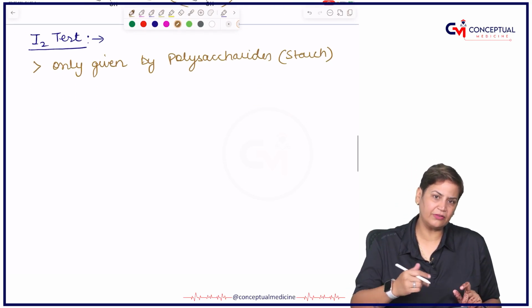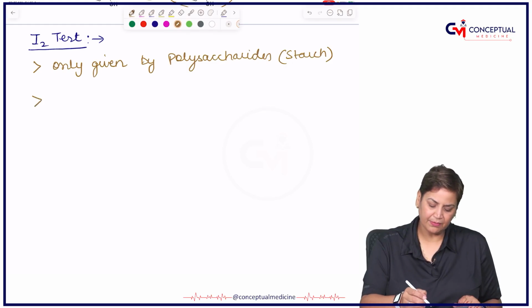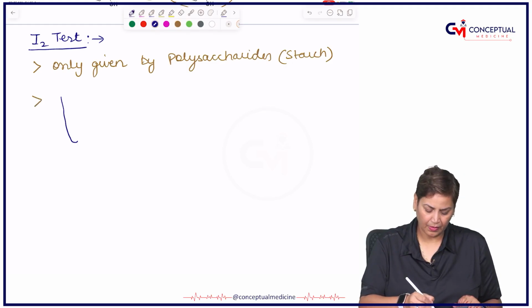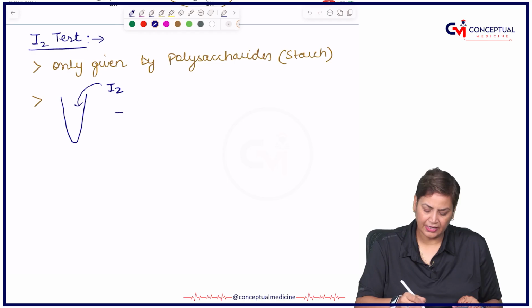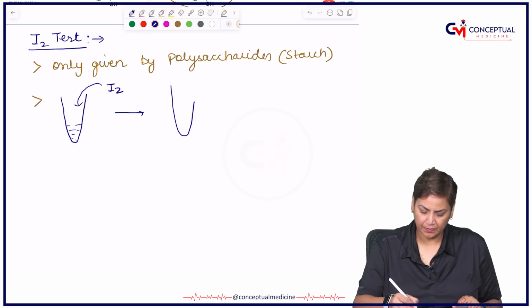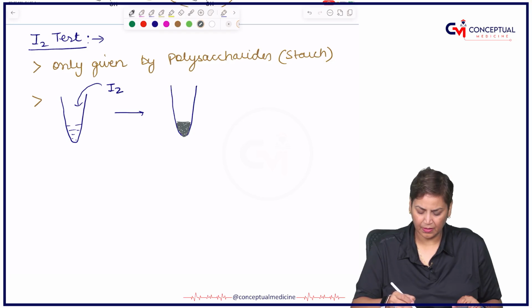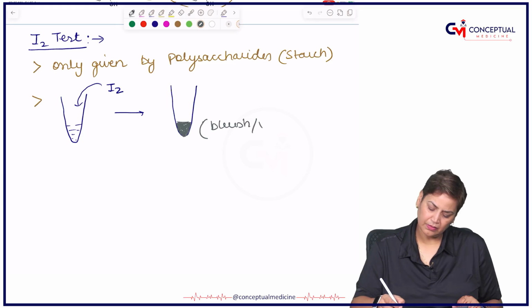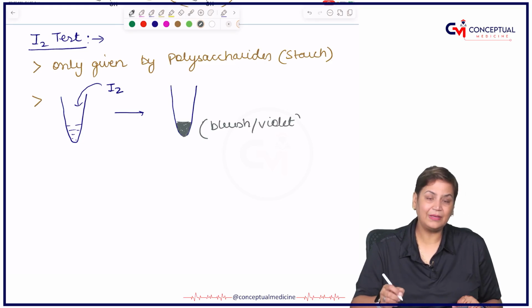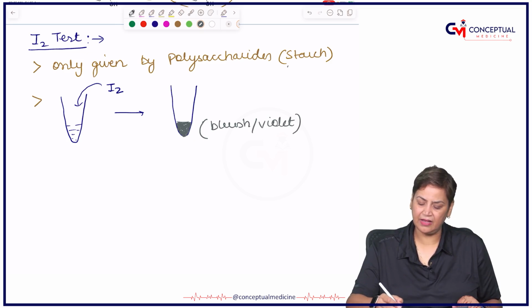And for the confirmation of this, we simply take a solution and add iodine into it. If it gives a bluish or violetish color, that means starch is present, as I have written here.